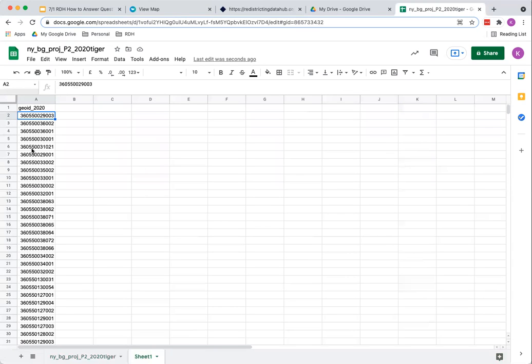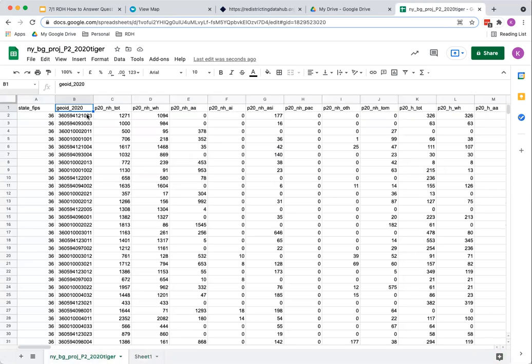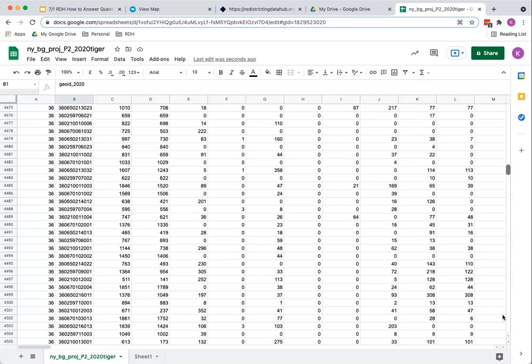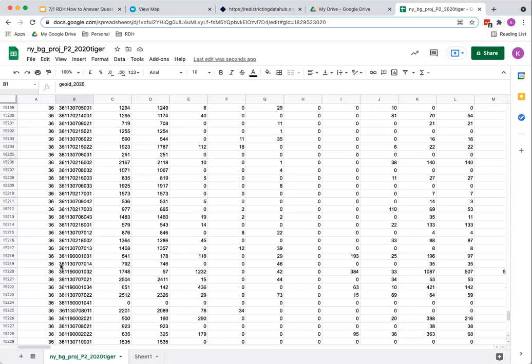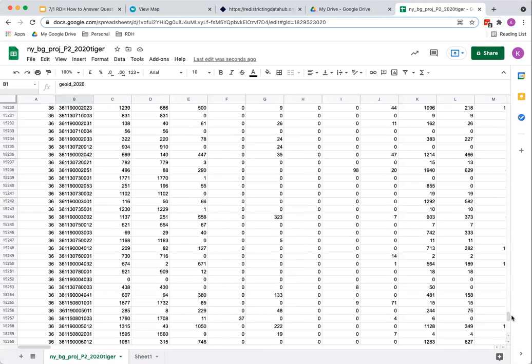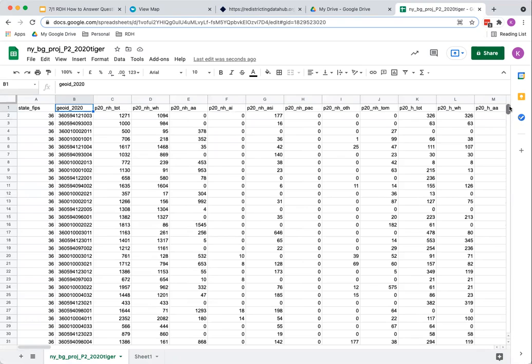I only selected 42 block groups for my community. Now I could go through and search for each of those geo IDs here and extract them one by one. But there is something like 14,000 plus, 15,000 plus geo IDs in our population projections. So that would work, but it would be quite onerous.